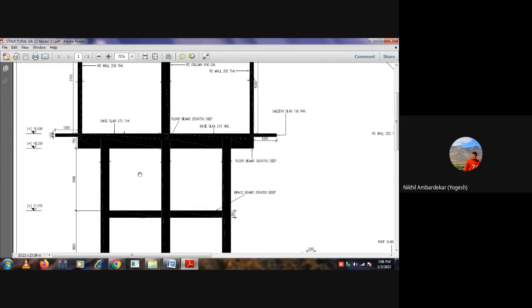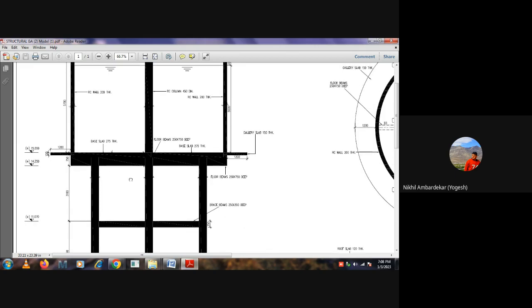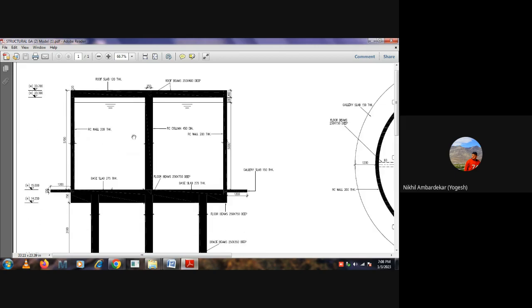If I go below that, there is some column structure or framing, and on top of those columns and beams we have placed the entire storage container.